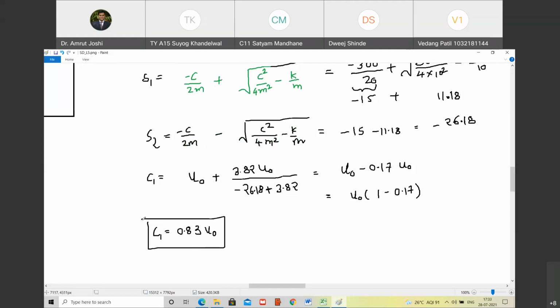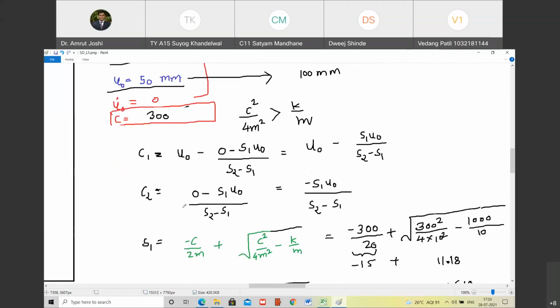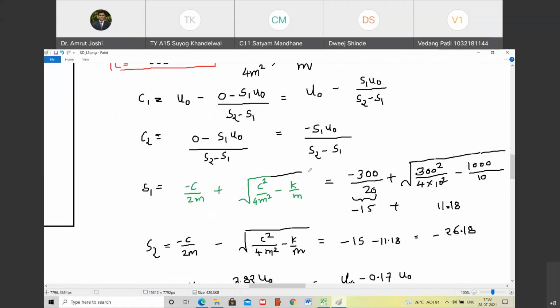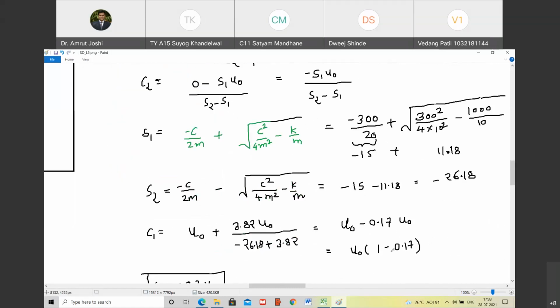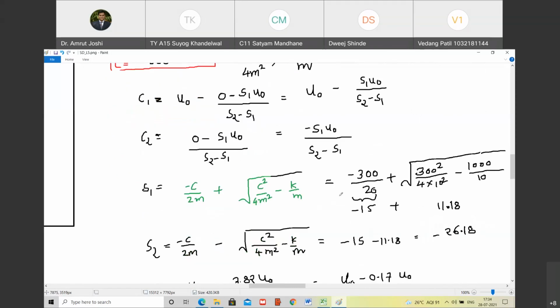What is the value of C2? Tell me. C2 is, yes, go ahead. This quantity remains as it is. This quantity's value, which we just calculated, is 0.17. Do you agree with me? And that value is minus 0.17.